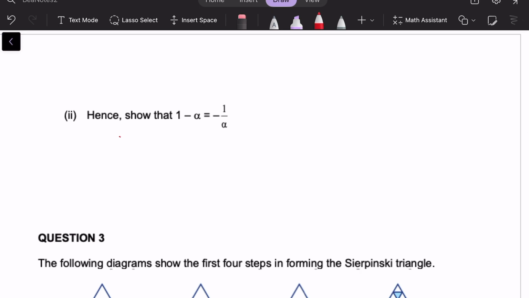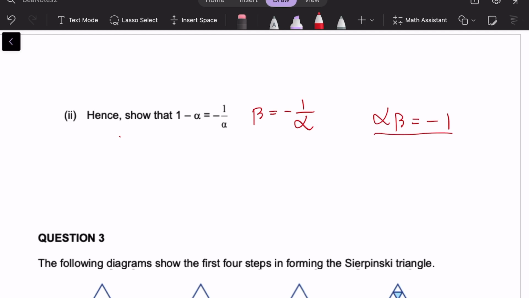So what we're really trying to show is that beta equals negative 1 on alpha, right? Because we agreed up there that beta is just equal to 1 minus alpha. And another thing that we know is the exact values of both alpha and beta. And turns out when you multiply them together on your ClassPad, alpha times beta equals negative 1. So we can also use this piece of information.